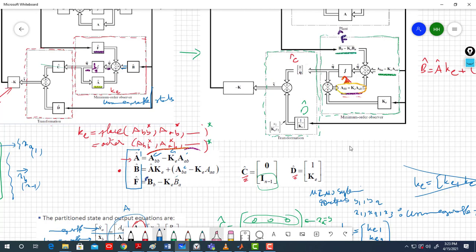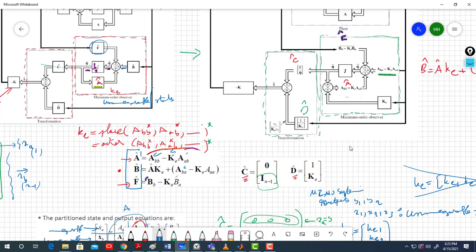So this is your A hat. The same here, again, A hat is the same here and there. F hat also turns out to be the same. If you look here, F hat is what? BBB minus KE BA. It is BBB minus KE BA, and it is here as well. So again A hat and F hat are the same.